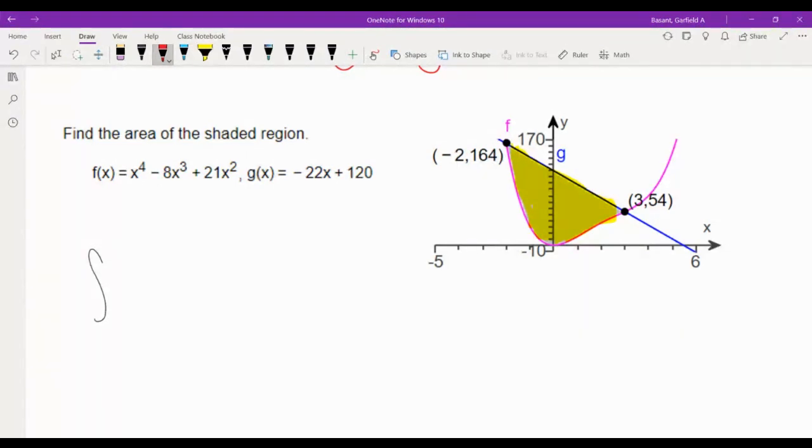Very good. All right, so this is the leftmost part of this shaded region. What's the x value there? -2. There you go. So that's going to be your lower limit, the left limit. Over here on the right, what is the x value? 3.